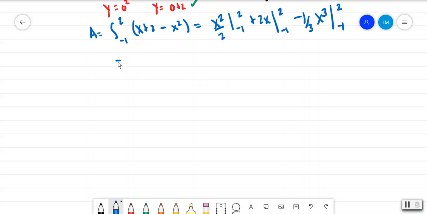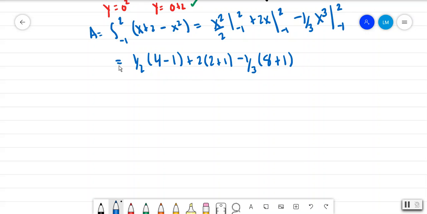So we have 1/2 multiplied by 4 minus 1, plus 2 multiplied by 3, since 2 plus 1 is 3, and then negative 1/3 times 8 minus, actually plus 1.